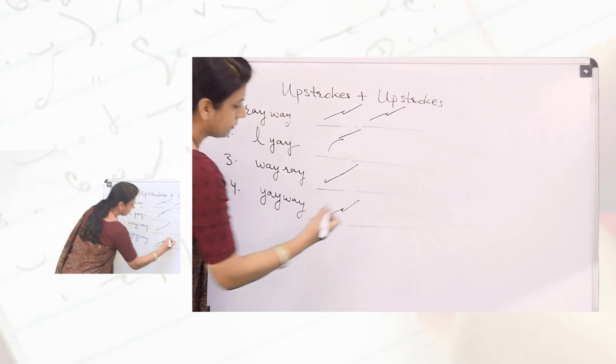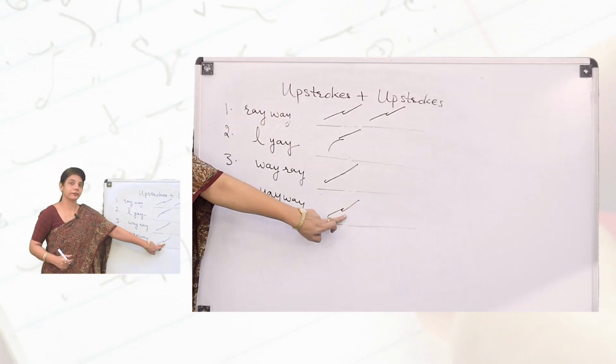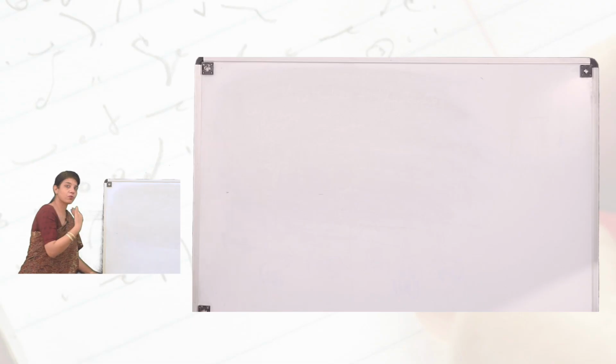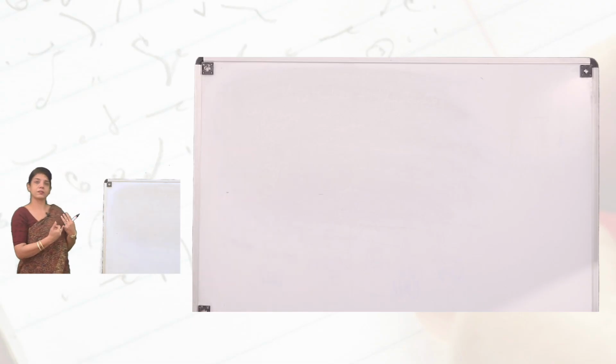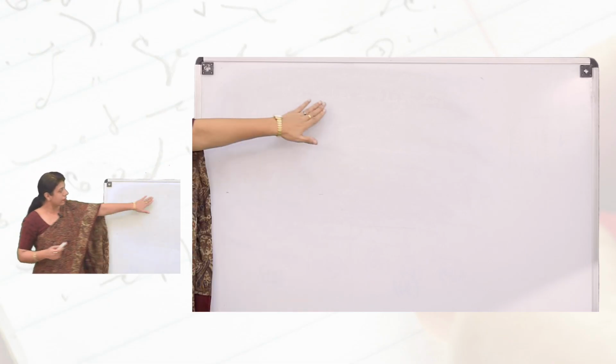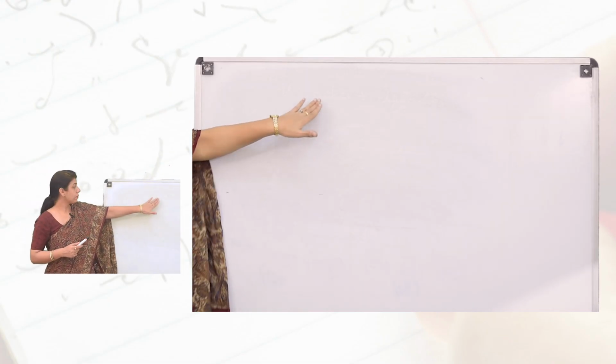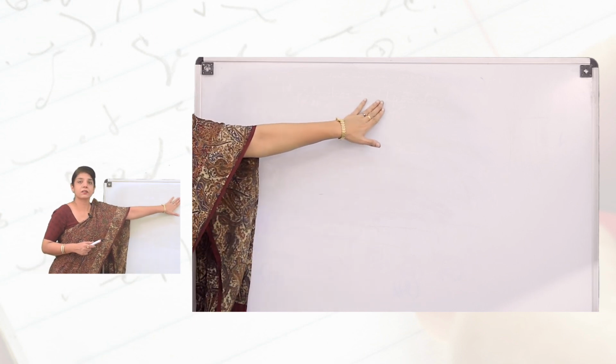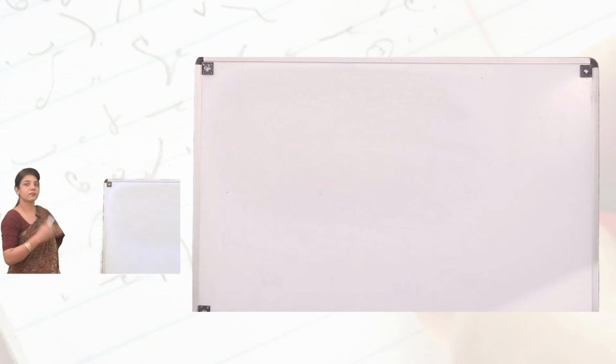Now we have covered downstrokes with all, like downstrokes plus downstrokes, downstrokes plus horizontals, and downstrokes plus upstrokes. And in the same way we have done all the combinations with upstrokes: upstrokes plus downstrokes, plus horizontals, and plus upstrokes.